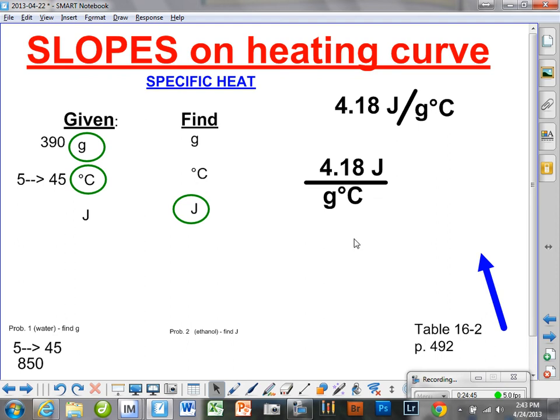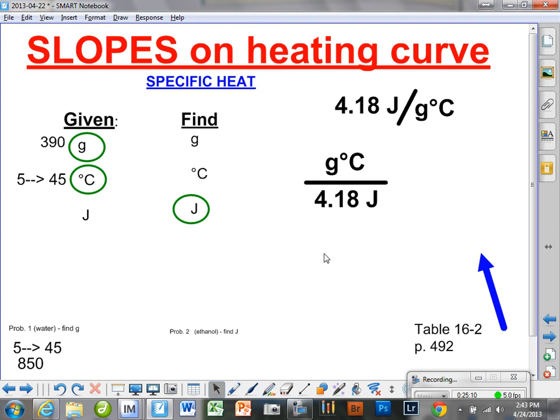So, Anessa, would you tell me, for finding joules, should I have it like it is, or should I do this? Which is going to be appropriate for the problem that I've given you right here? The joules goes on top?